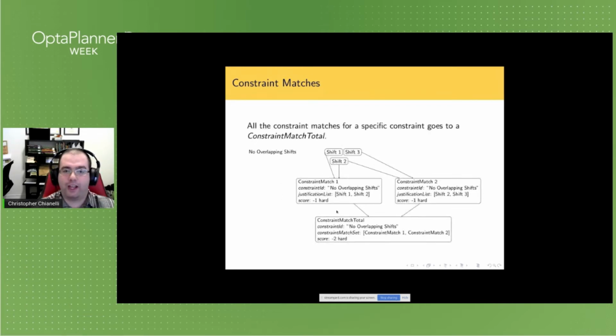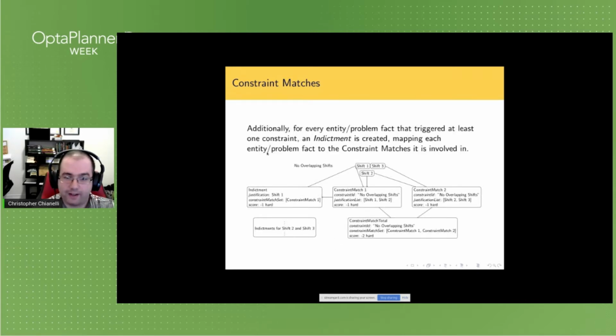And then we also have a constraint match total, which counts how many constraint matches there are for a particular constraint. So constraint match 1 and constraint match 2 go into the constraint match total for no overlapping shifts. And we see its score is the sum of its two constraint matches, or -2 hard.